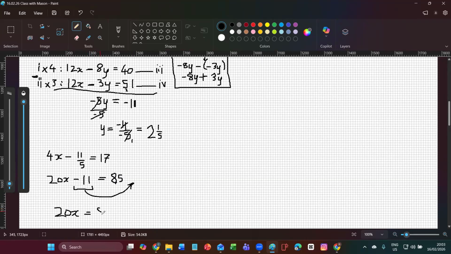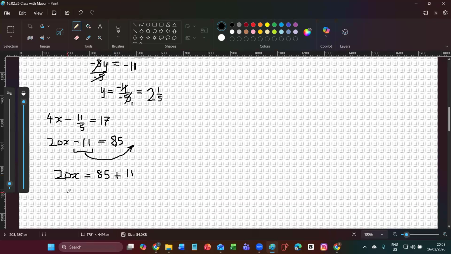And 85 plus 11 will give me what? 96. So 20x equals 96. And now I'm going to be dividing both sides by what? To find x.